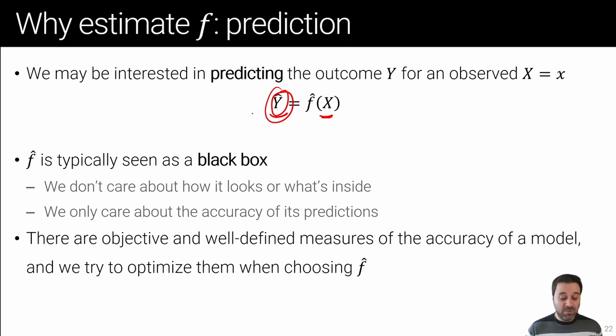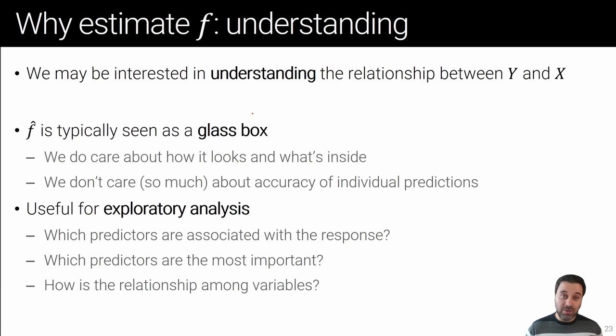Now, the other option might be, hey, we are building a model to better understand reality, and so better understand the relationship between the independent and the dependent variables. And so in this case, the model is seen not as a black box, but as a glass box, something that we want to see through. We do care about how it looks like, what's inside, what's the shape of the relationships, because we want to understand precisely how the x's relate to the y. We don't care so much about the accuracy of the estimates or the predictions from the model.